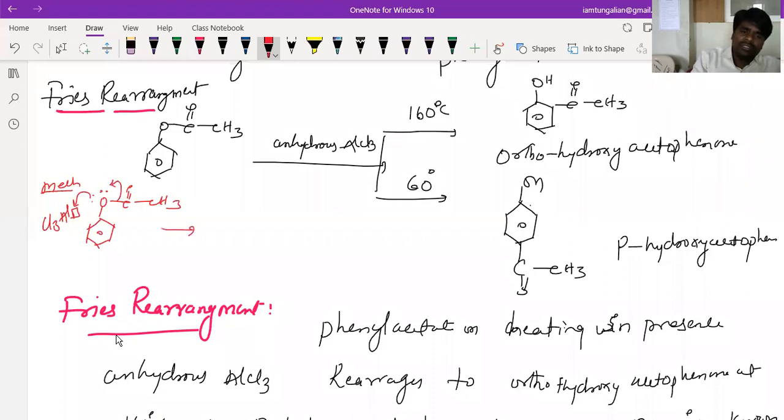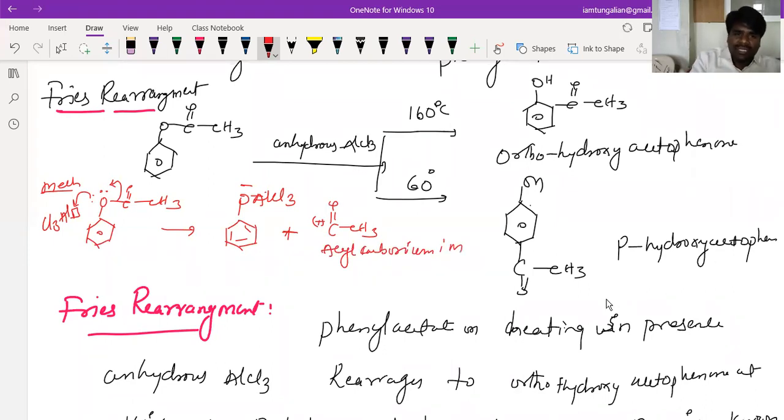So it will form a particular compound, something like this. AlCl3 will form it. So this will remove C double bond O CH3. This is your acyl ion, acyl carbonium ion or acyl ion we call it as.